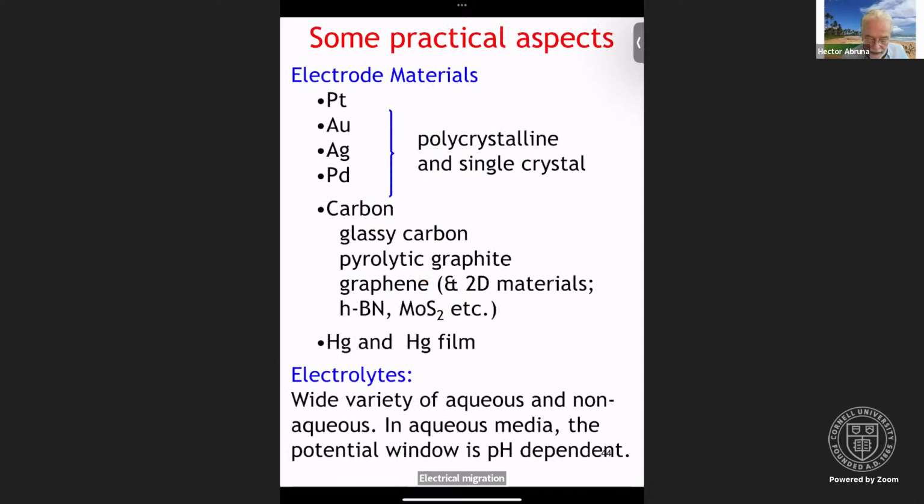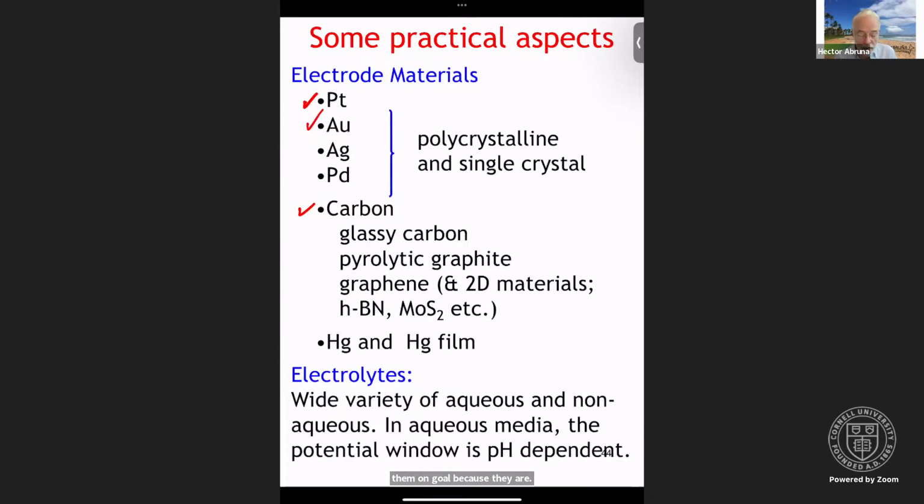Now, some practical aspects of voltammetry. Electrode materials, lots of usual suspects here. Probably the most used electrodes are typically platinum, gold, and carbon. Platinum and gold because they are inert as metals.